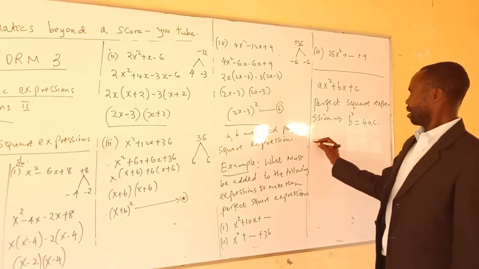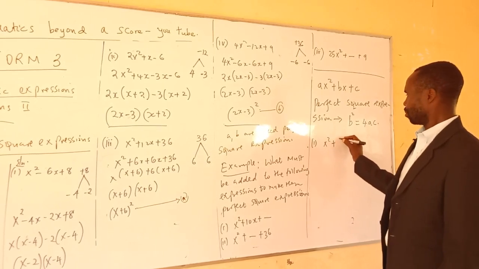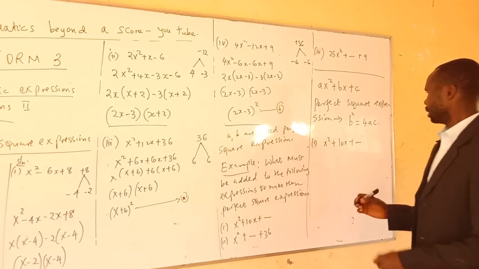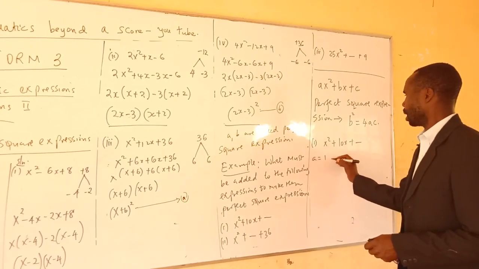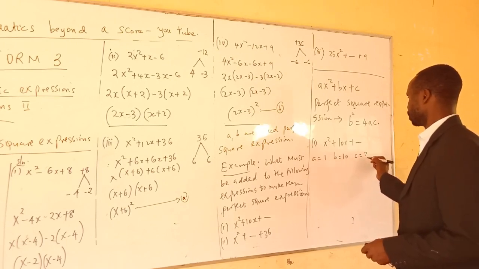So for part 1, x squared plus 10x plus a dash, A equals 1, B equals 10, and C is not there.